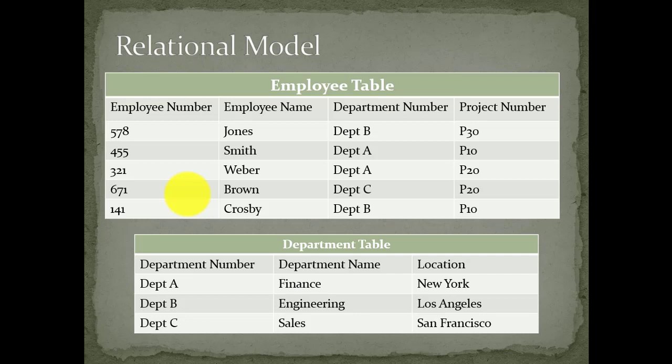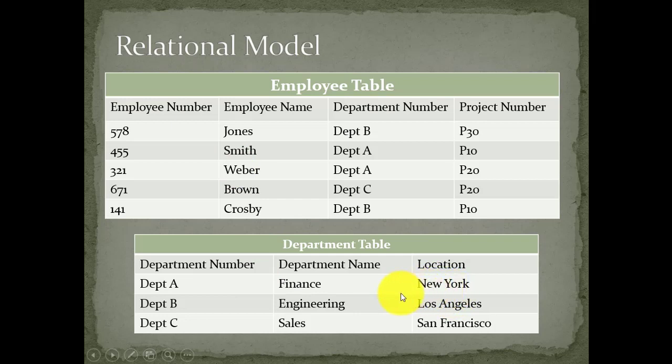I can see that Weber is an employee over here, and the employee is working in department number A. Okay, so I will look into this department table, and I can check that department A is the finance department and is located in New York. So in that case I can say that Weber is working in New York.